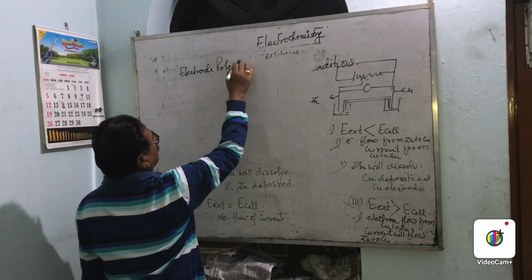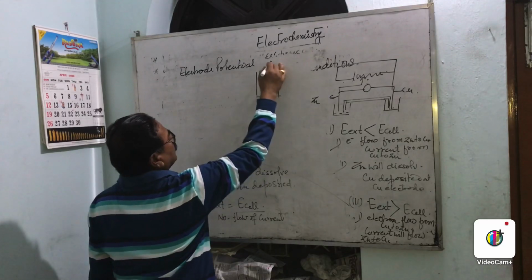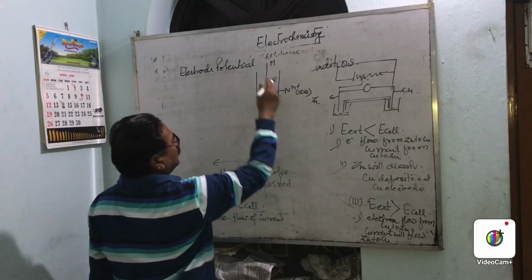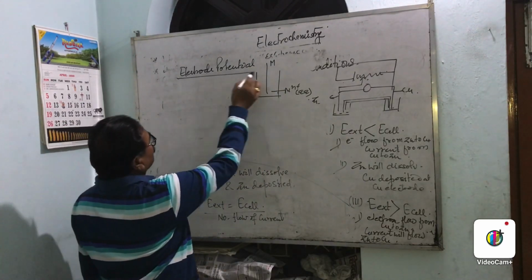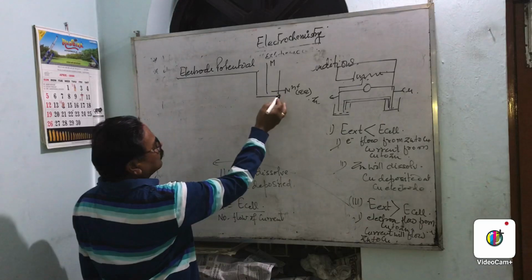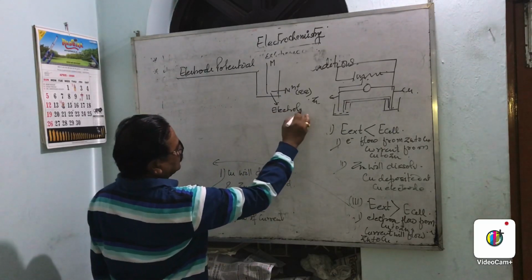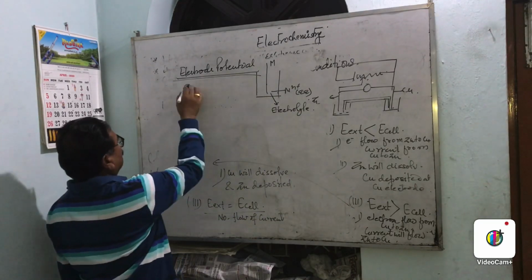When a metal is kept dipped in its ion solution, it will constitute the electrode, and the potential difference set up between the metal and the electrolyte is called the electrode potential.